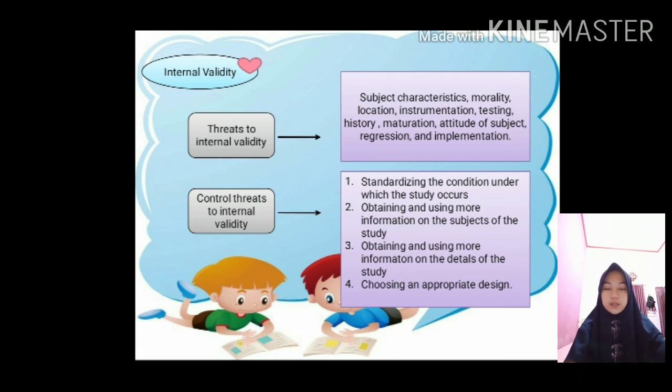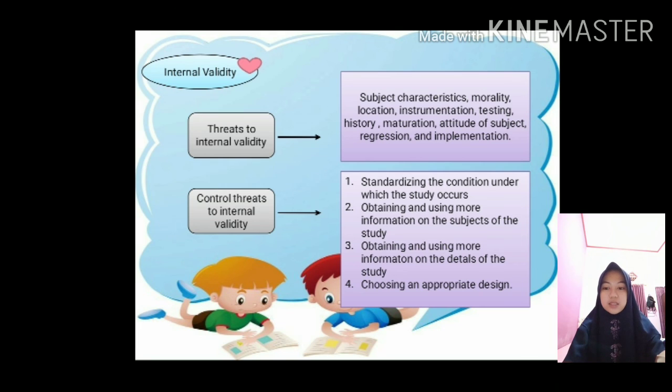But there are ways to control threats to internal validity. The first is standardize the condition under which the study occurs, such as the ways in which the treatment is implemented, the way in which the data are collected, and so on. This helps control for location, instrumentation, subject attitudes, and implementation traits.